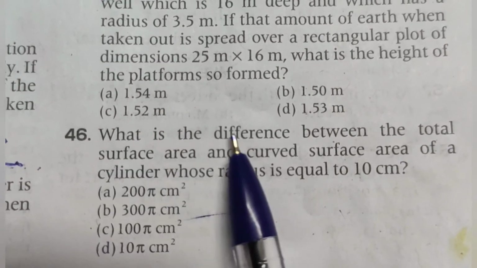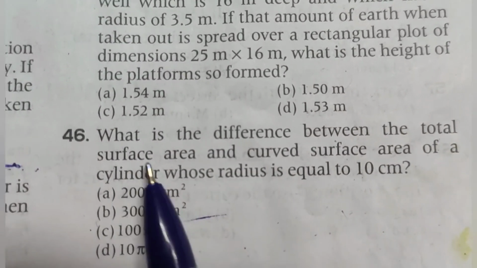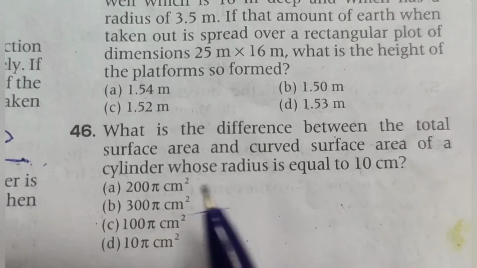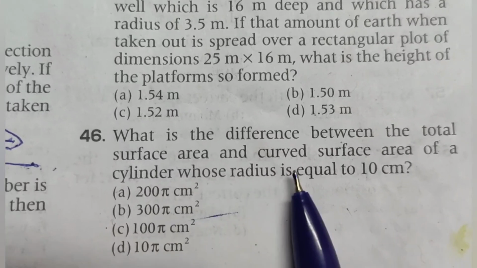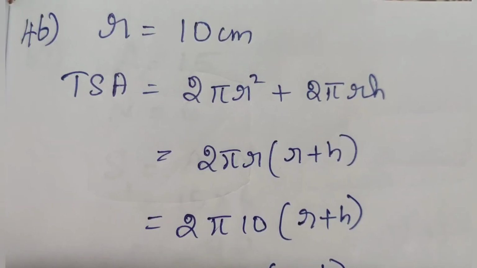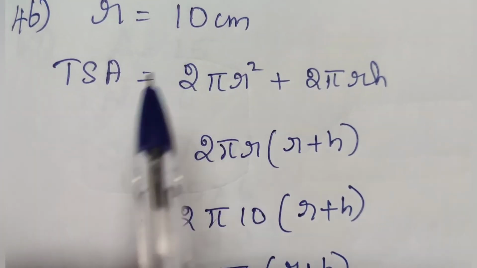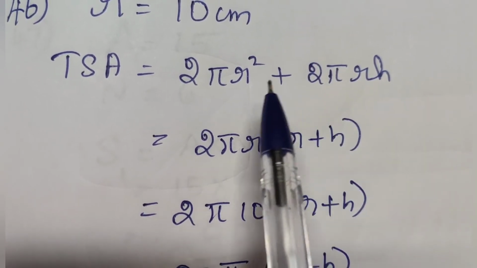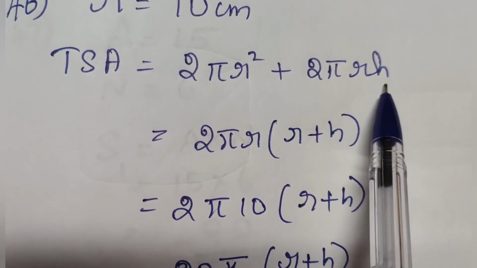46th question. What is the difference between the total surface area TSA and curved surface area of a cylinder whose radius is equal to 10 centimeter? See, radius is given as 10 centimeter. TSA of a cylinder formula: 2 pi r squared plus 2 pi r h, 2 base areas plus CSA.